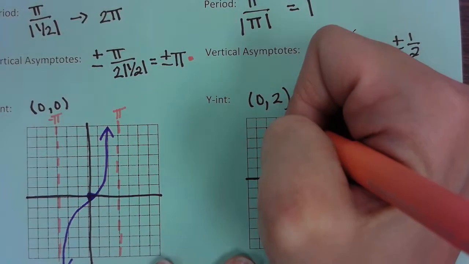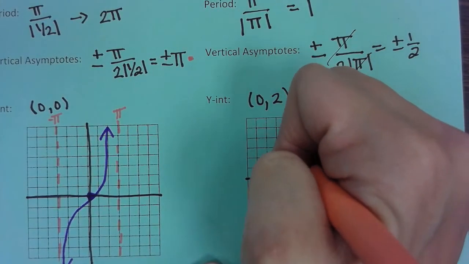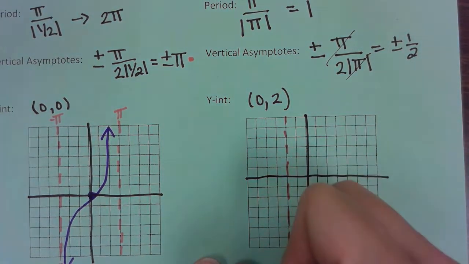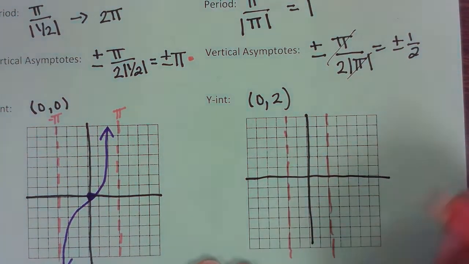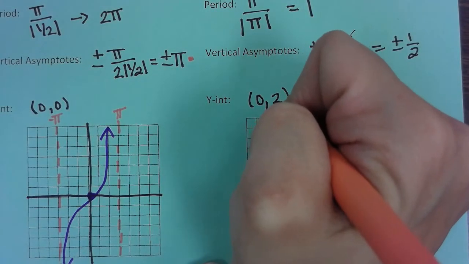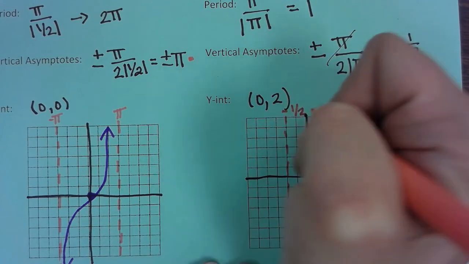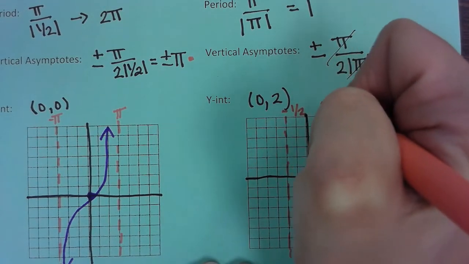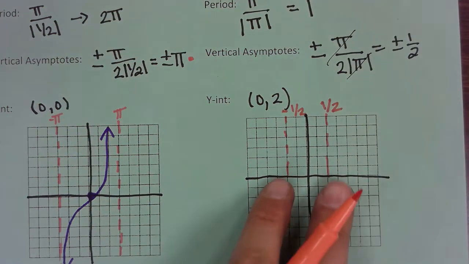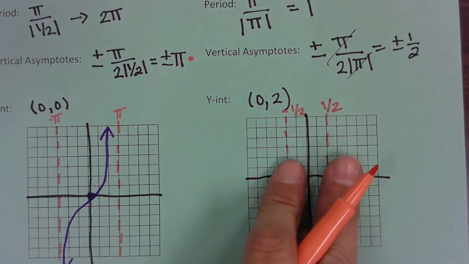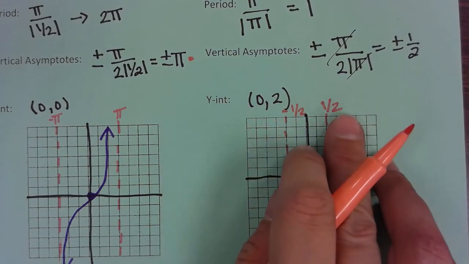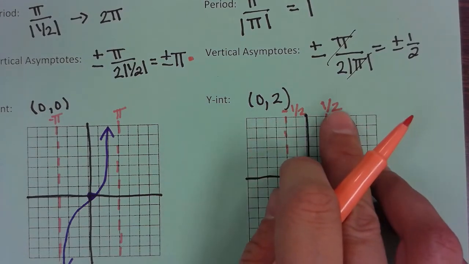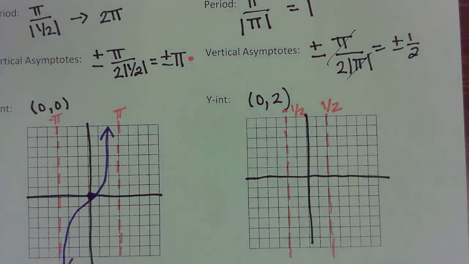So I'm going to only go by 2 this time. This one is negative 1/2, and this one's 1/2, which makes sense, guys, right? Because the period is 1, and 1/2 and 1/2 is 1. You must label your asymptotes. You will not get credit if they are not labeled, okay?